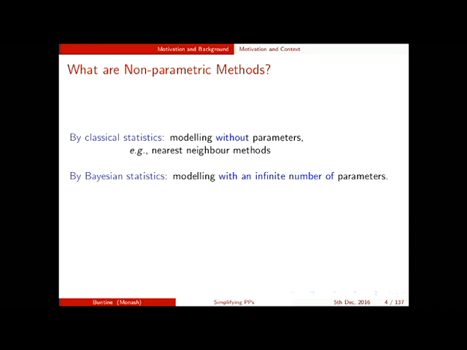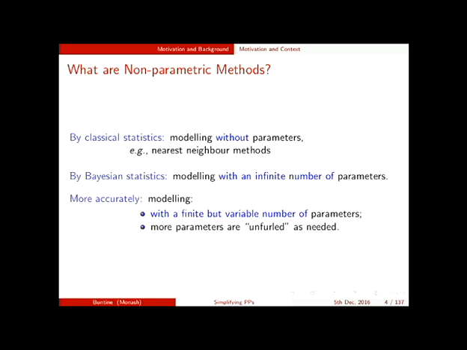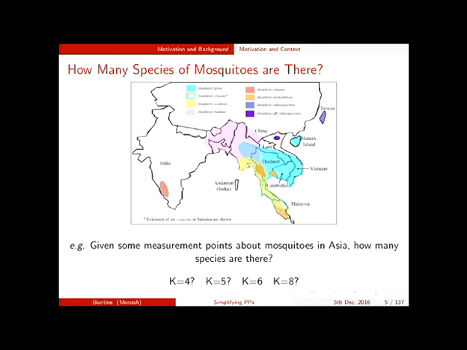Not many people are infinite. And, well, in fact, they weren't, because what they're doing is a variable number of parameters, and you unroll more parameters as your data requires it. So it's not actually infinite. It always gets them when they go to implement it, that infinity.